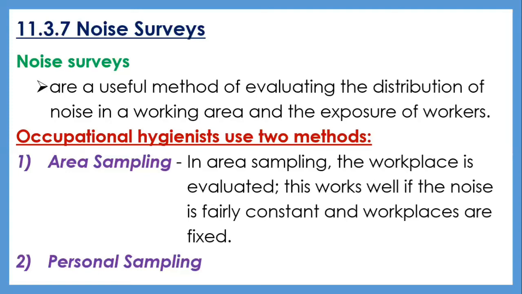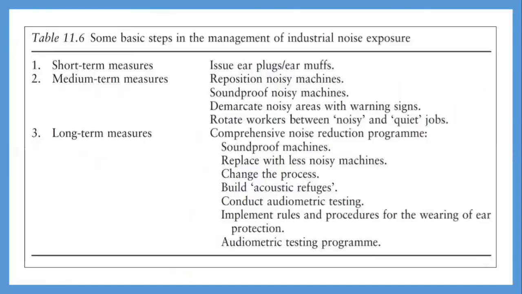In conjunction with the data about the positioning and movement of personnel, a number of steps can be taken to minimize excessive noise exposure, as shown in table 11.6. Now, as you can see in table 11.6, it shows some basic steps in the management of industrial noise exposure, which include short-term measures, medium-term measures, and long-term measures.